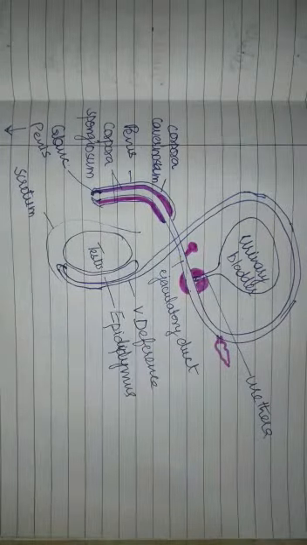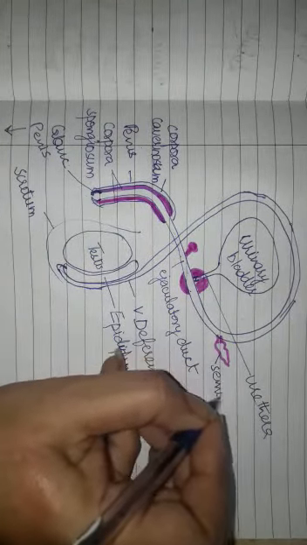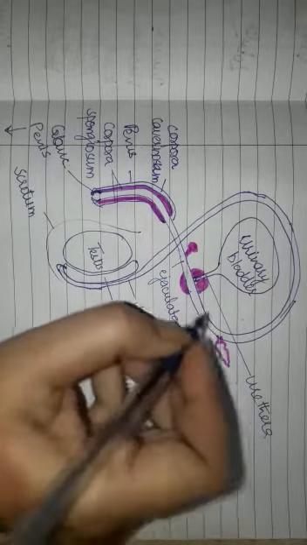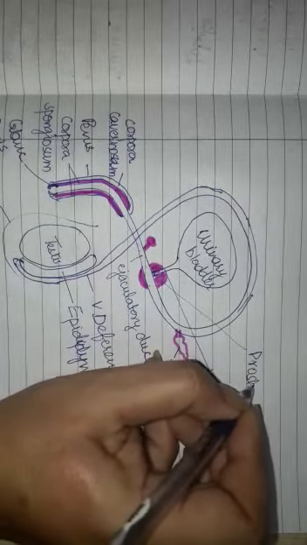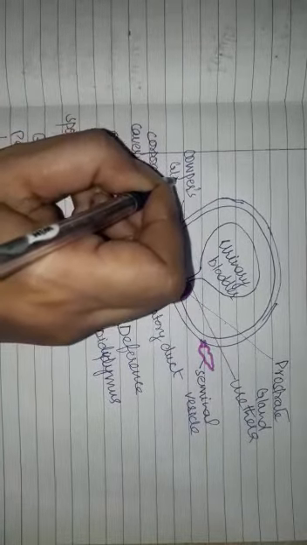So the three glands associated with the male reproductive system are seminal vesicle, and this one is the prostate gland, and the third is the Cowper's gland.